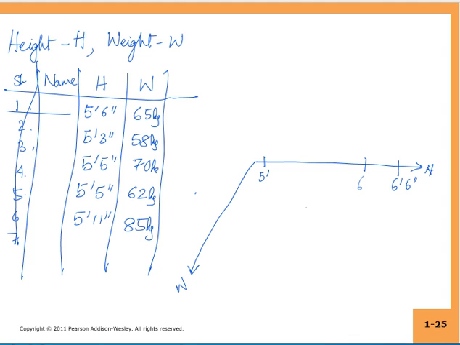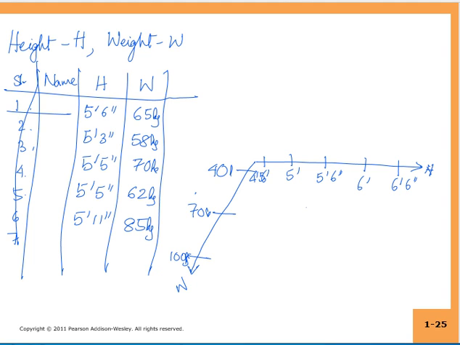Suppose this is the range of values of your height, and the range of values of your weight goes from say 40 kgs to something like say 100 kgs.